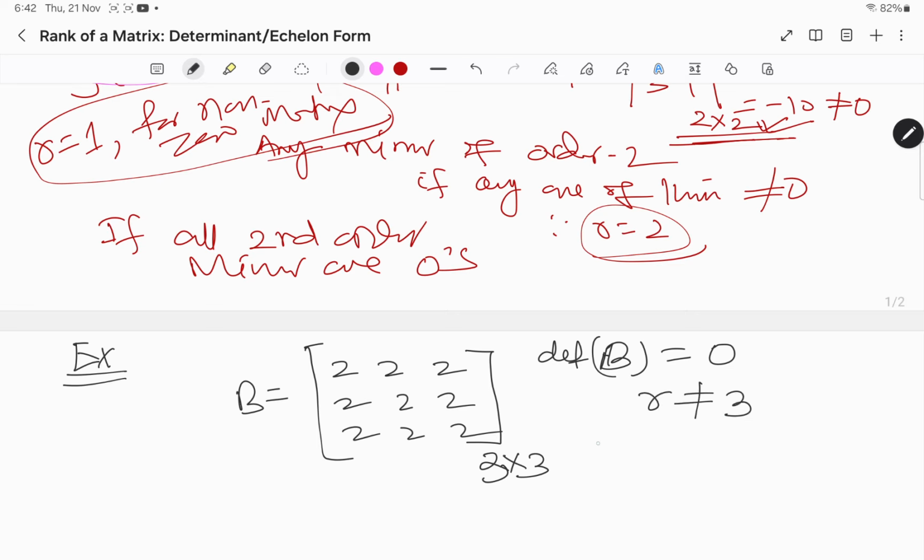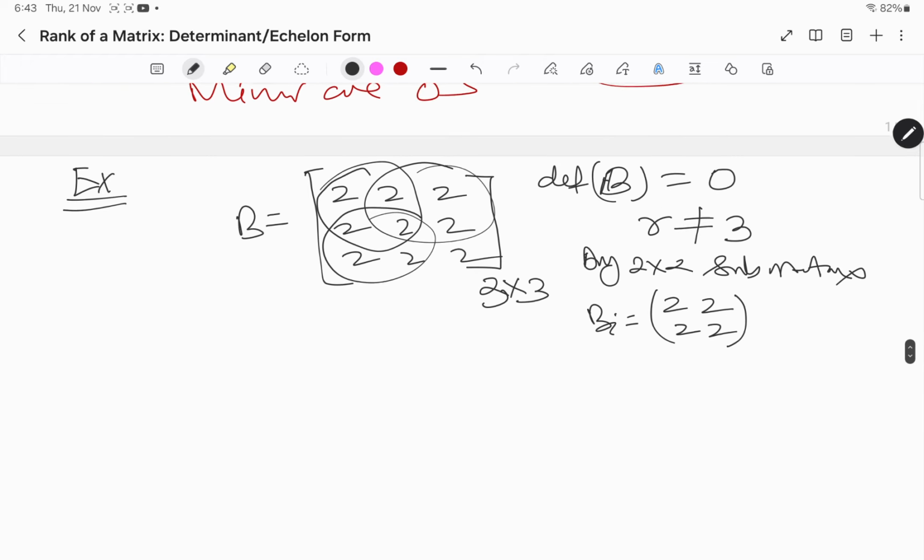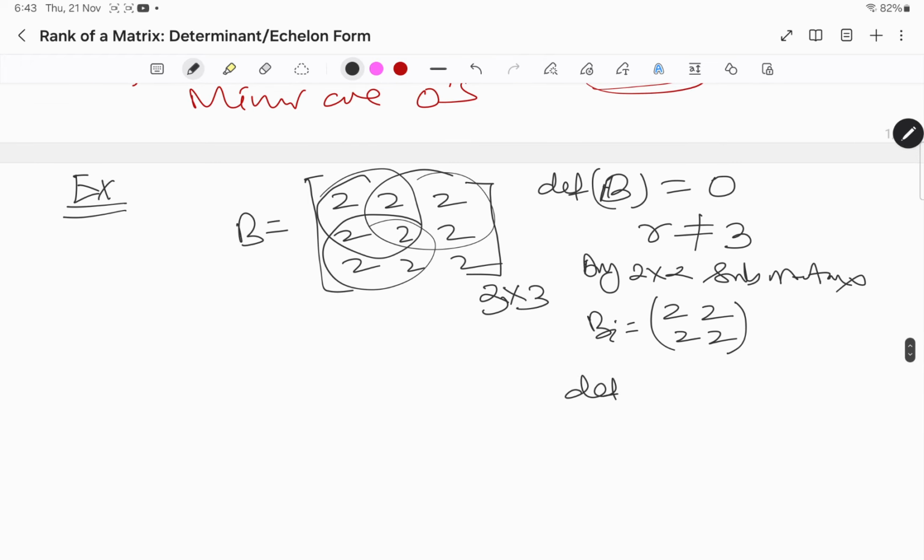If I choose any 2 cross 2 submatrix, the next highest, all the 2 cross 2 submatrices will have the same form. So what will happen to the determinant of Bi? The determinant of Bi is 0 for all i, all 2 cross 2. So the rank cannot be 2 here.